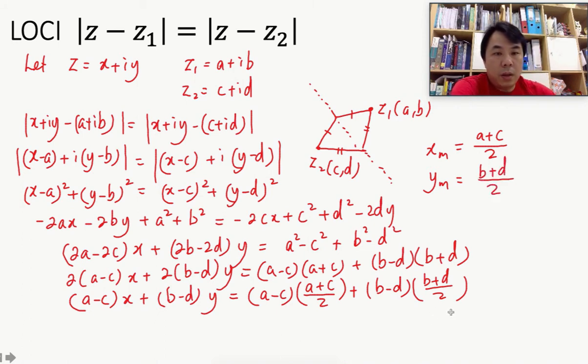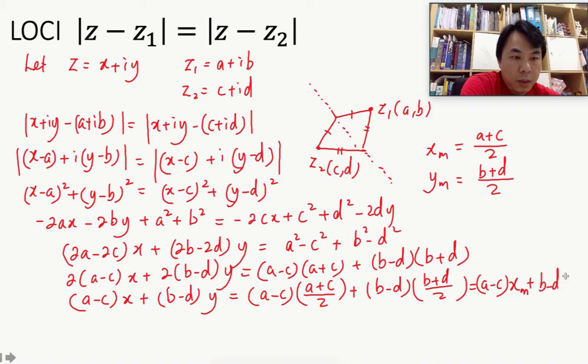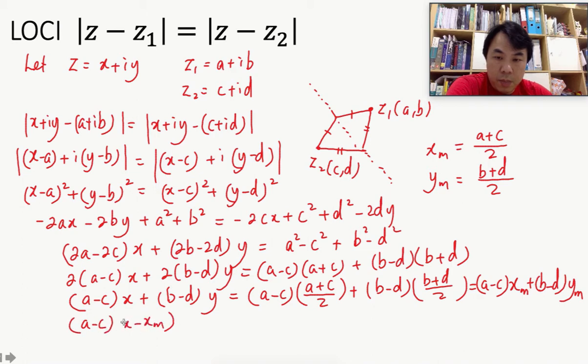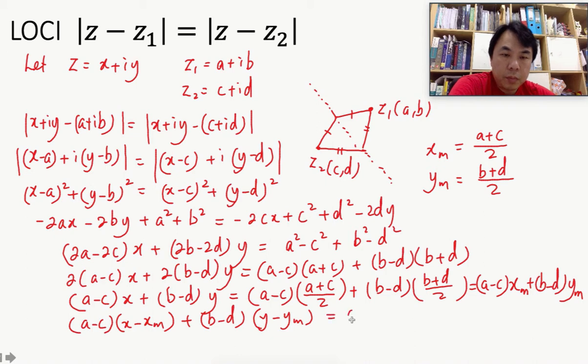Okay, and then you can rewrite this as a minus c times x minus xm plus b minus d times y minus ym. By rearranging this to the left hand side, I obtain this equal to 0.